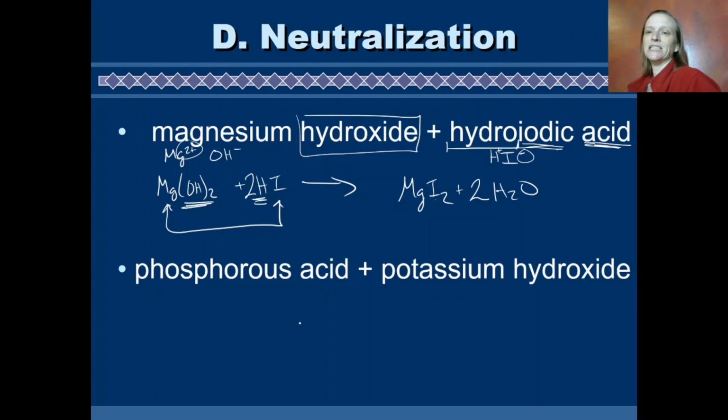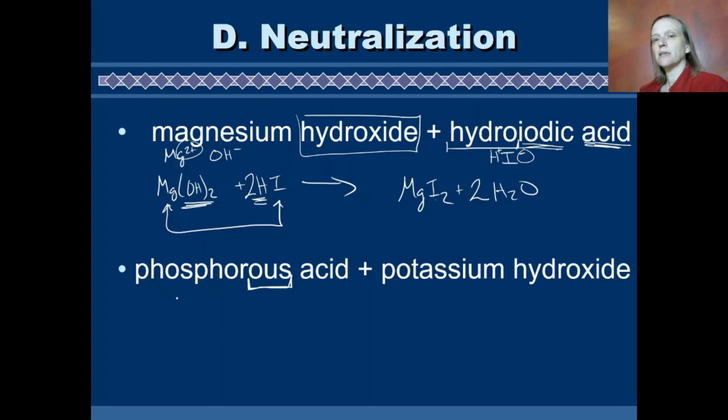Phosphorous acid plus potassium hydroxide. This acid does not begin with hydro, so I know that it involves one of my polyatomic ions. It's not just a two-element acid, it's a three or more element acid.